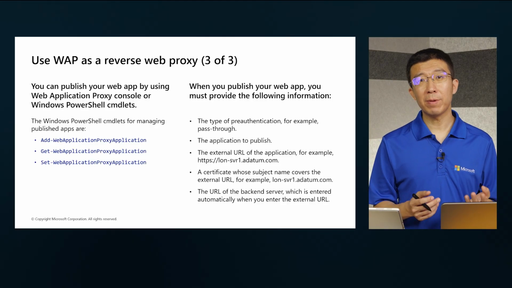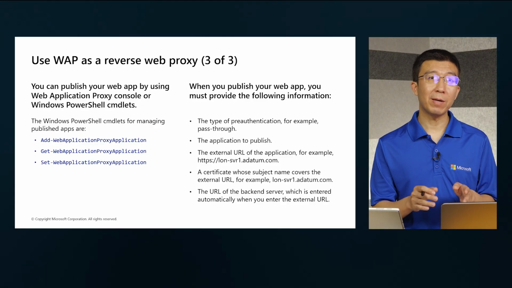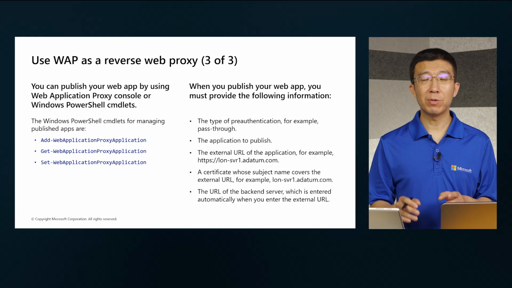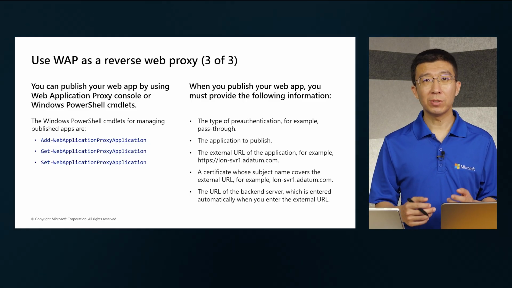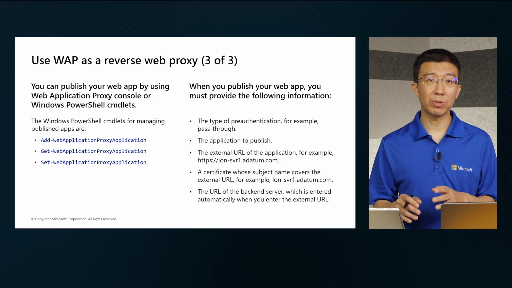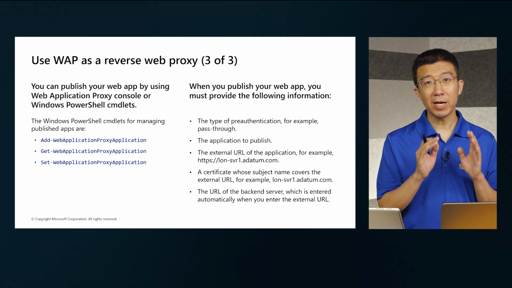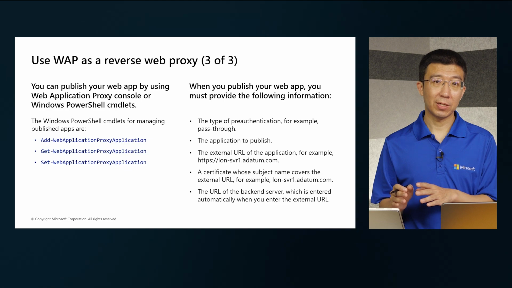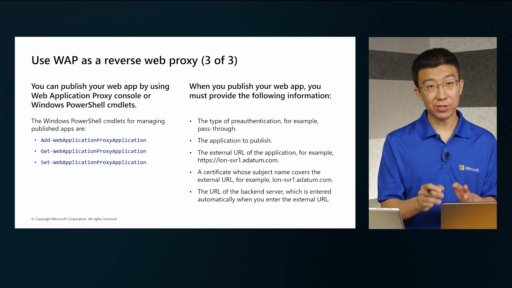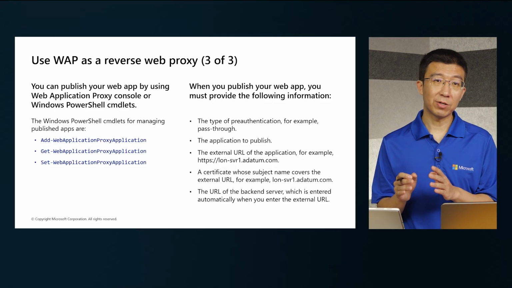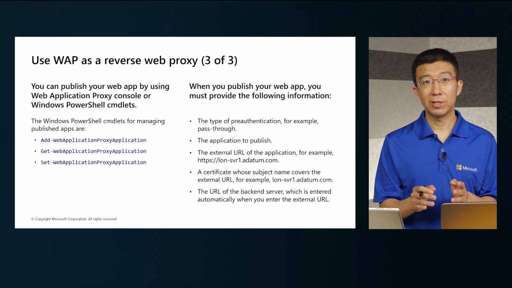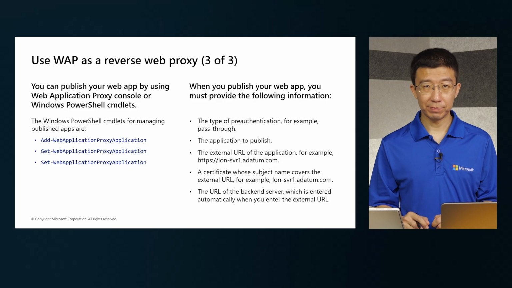You can publish web applications using the Remote Access Management Console or PowerShell cmdlets. When publishing an app, you'll need to specify the type of pre-authentication, the application to publish, the external URL, a certificate for the external URL, and the backend server URL.